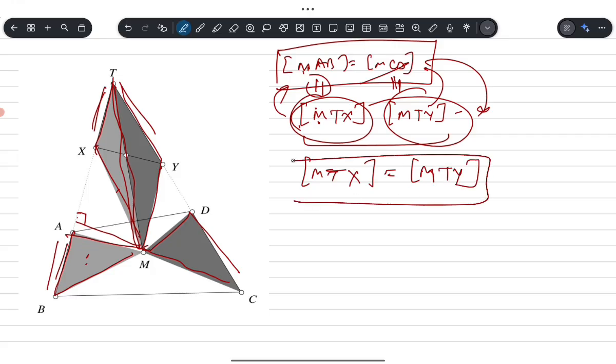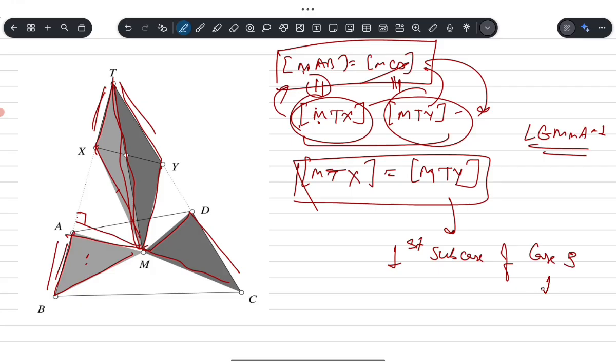How sweet. Now, if you're able to notice, from lemma 1, this is exactly that. This is the first subcase of case 3. Case 3 was what? M outside the triangle. I'll tell you what triangle I'm talking about. I hope you have already noticed that, but if you haven't, it's okay.